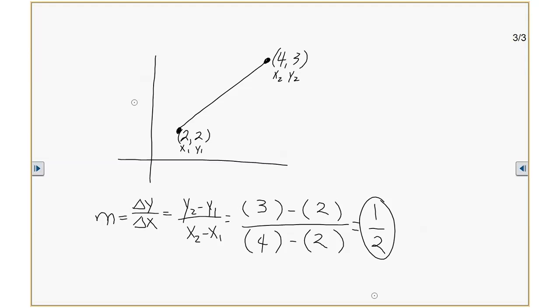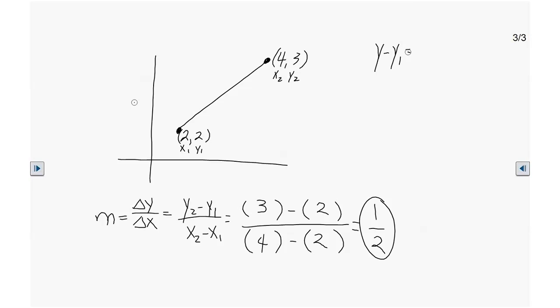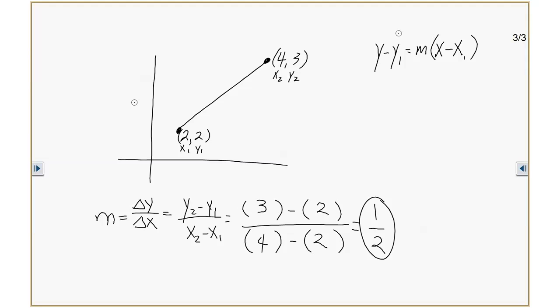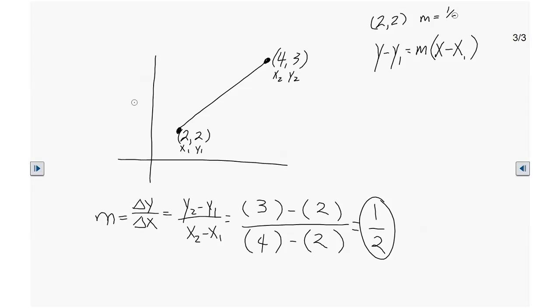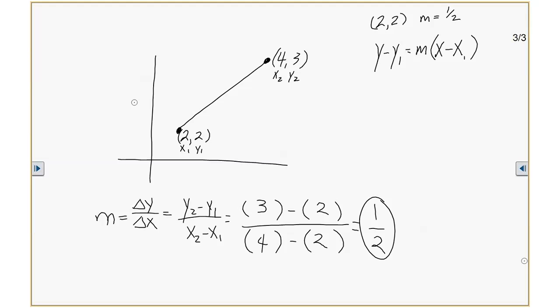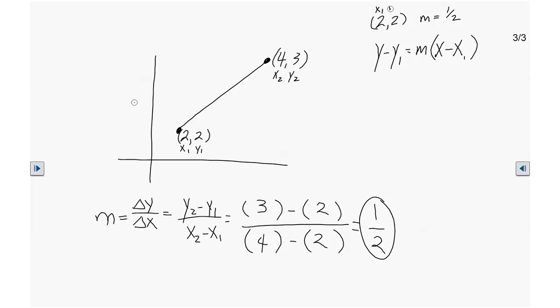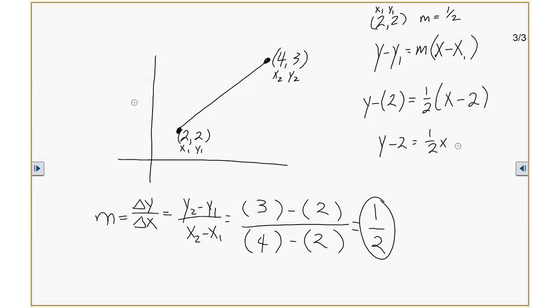That's 1/2, and then you take your point slope equation, y minus y sub 1 equals m times x minus x sub 1, and pick a point. I'm going to pick 2 and 2. Why did I pick 2 and 2? Because it's smaller, Hubert. That's right. So y minus 2 equals 1/2 times x minus 2. Y minus 2 is equal to 1/2 x minus what? 1?